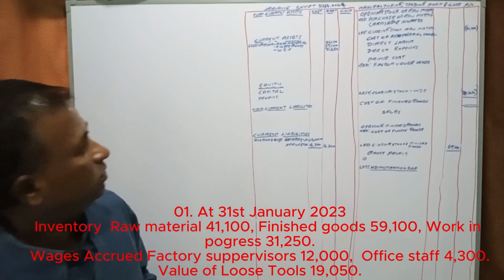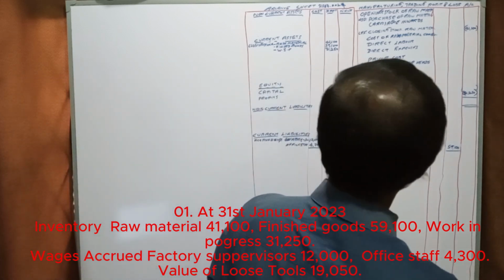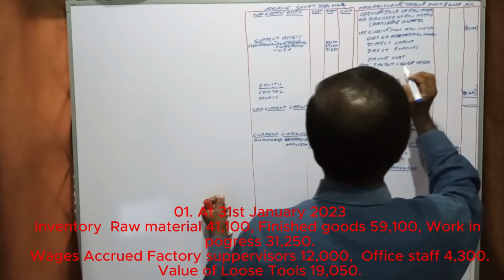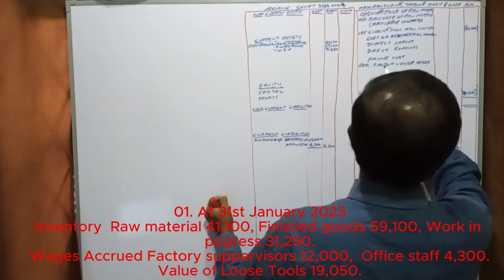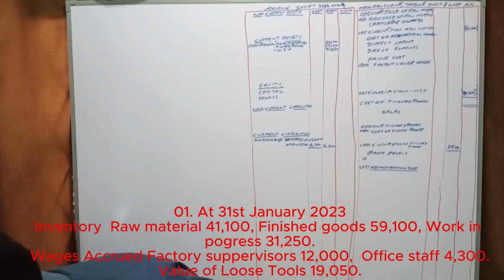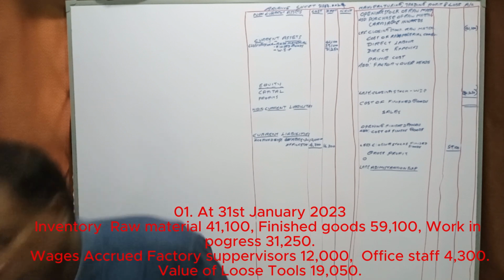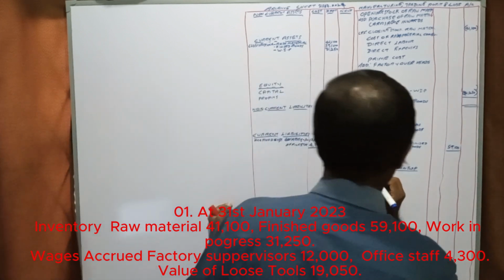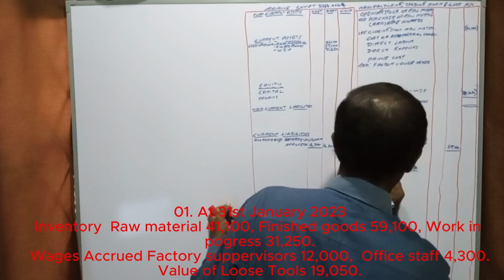It has to go to factory overheads, wages, direct labor, office staff wages.